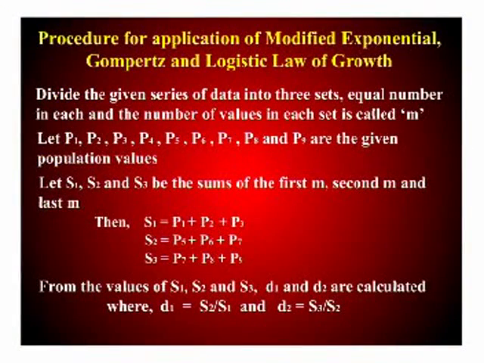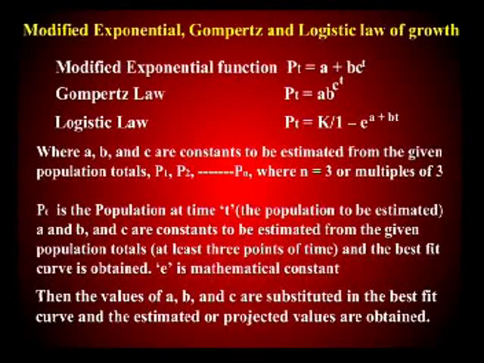Fitting the modified exponential, Gompertz and the logistic law of population growth, we need population totals for at least 3 points of time or multiples of 3 points of time. The modified exponential function is given by Pt equal to a plus b into c power t.